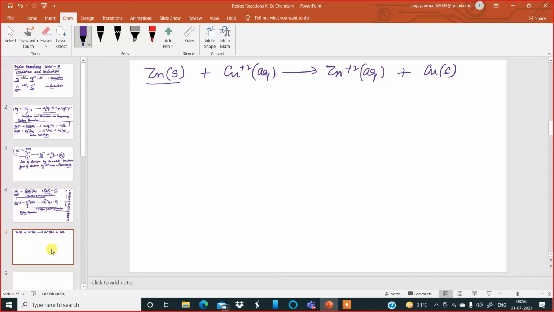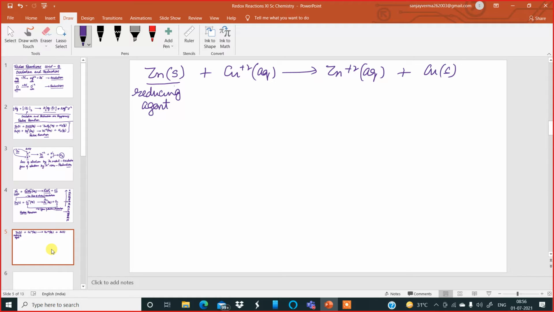So the metal which is losing electrons becomes an agent, and it is called the reducing agent. Whereas the copper ion is receiving electrons, it is accepting electrons.